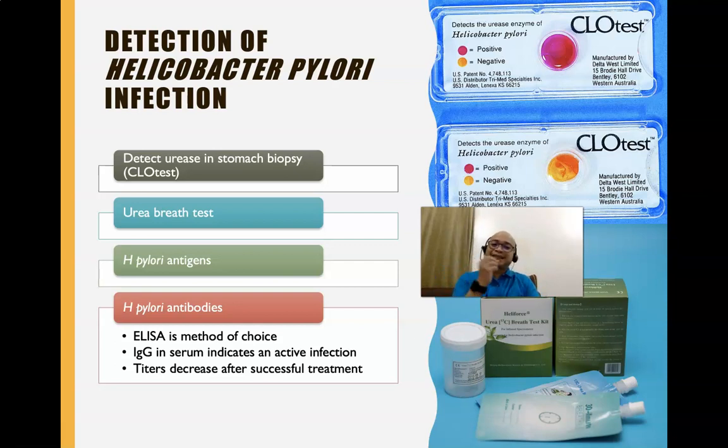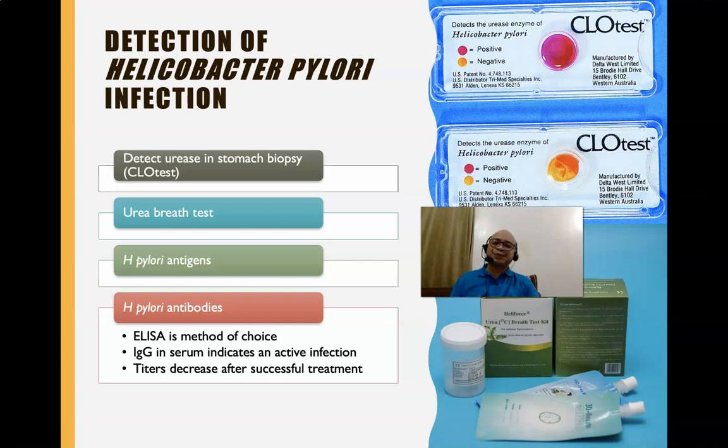In the urea breath test, you will literally breathe into a bag, as part of the kit. So what does it contain? The kit actually contains a C-labeled urea. If the person has Helicobacter, they will have urease.